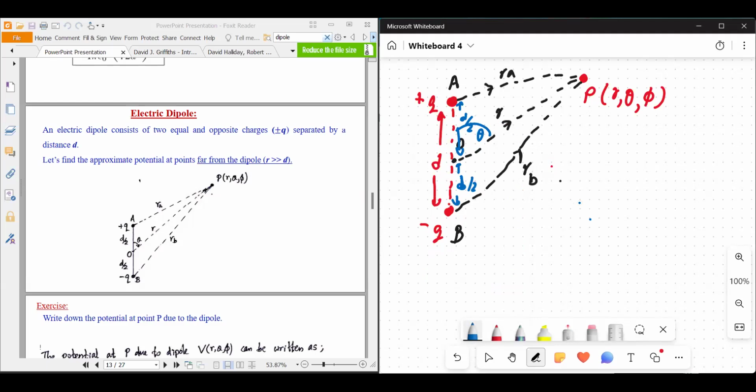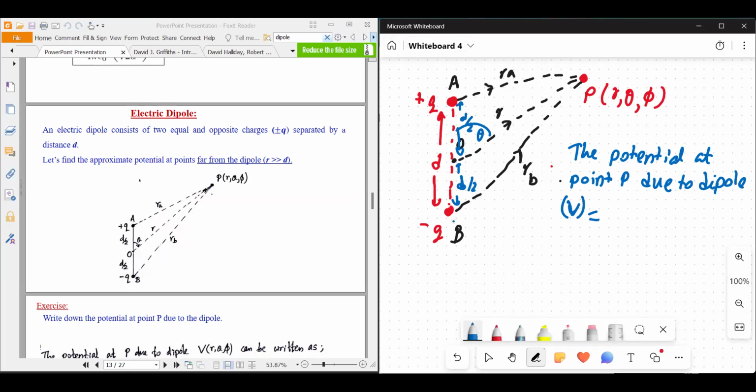So the potential at point P due to this dipole, let's say that is V, will mainly occur because of this plus charge and the minus charge.